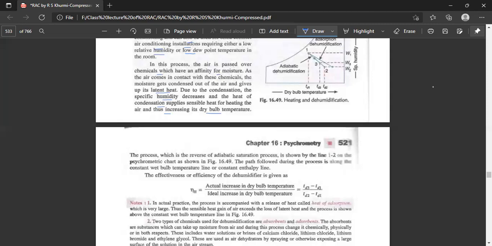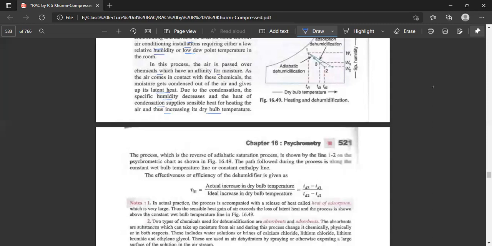The effectiveness or efficiency is given as the actual increase in dry bulb temperature, TD3 minus TD1, over the ideal increase, TD2 minus TD1. So the humidity reduces up to W3 if actual, and to W2 if ideal.